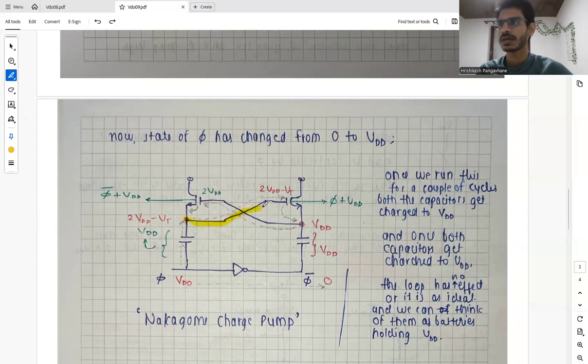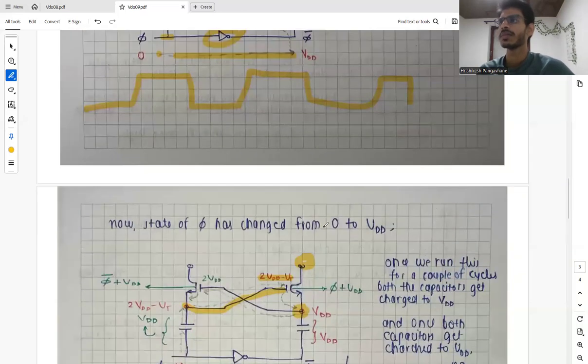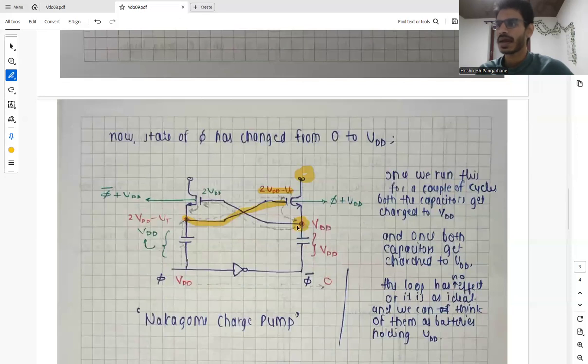This 2 VDD minus VT will be supplied to the gate of M2, and if the gate of M2 is at 2 VDD minus VT and the drain is at VDD, then the source will go from 0 to VDD. So when it is at VDD, this capacitor will be charged to VDD, and this VDD goes to the gate of this MOSFET.